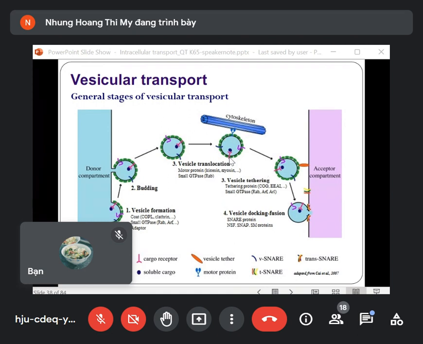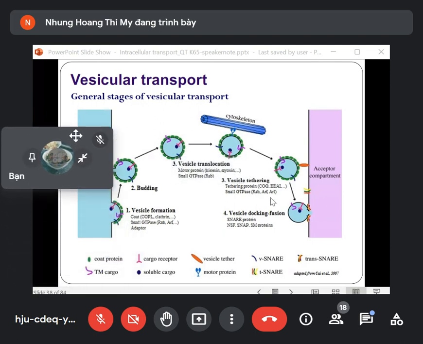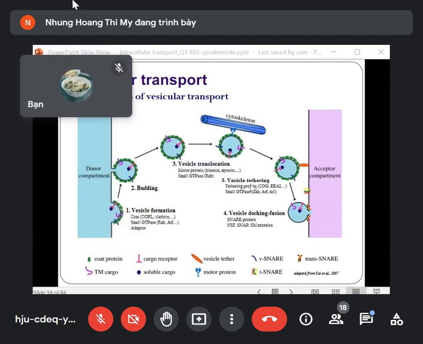And after they go close to the acceptor compartment, they will proceed to the next part we call the vesicle tethering. It's like when the boats go to their target place, and they need to do the tethering.